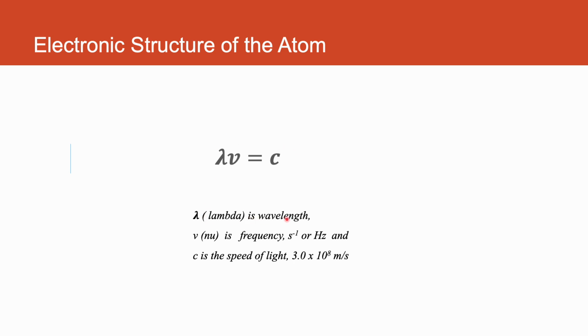Lambda is your wavelength, nu, the Greek letter, is frequency, which is usually measured as s^-1 or hertz, the number of complete cycles per second. Your speed of light is 3.0 times 10 raised to 8 meters per second. As you increase your wavelength, you decrease your frequency. As you increase your frequency, your wavelength decreases.